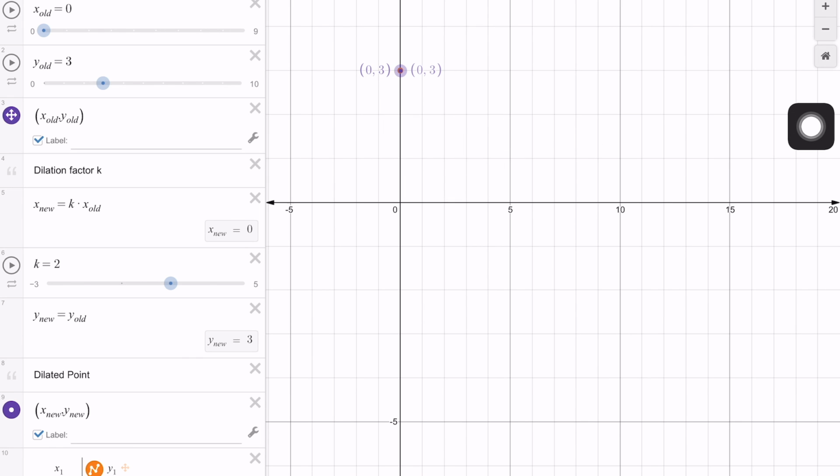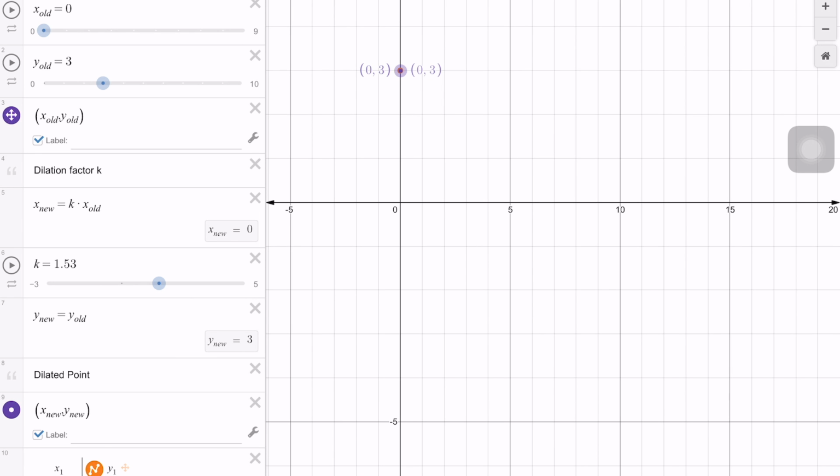So 0 times k, whatever that k is, would remain 0, because 0 times anything is 0. That's why we don't see anything. If the point sits on the y-axis, regardless of how big or small k is, it will always remain on that original point.